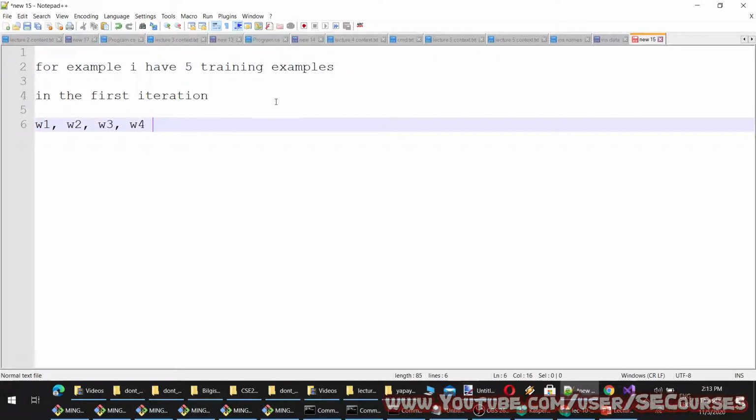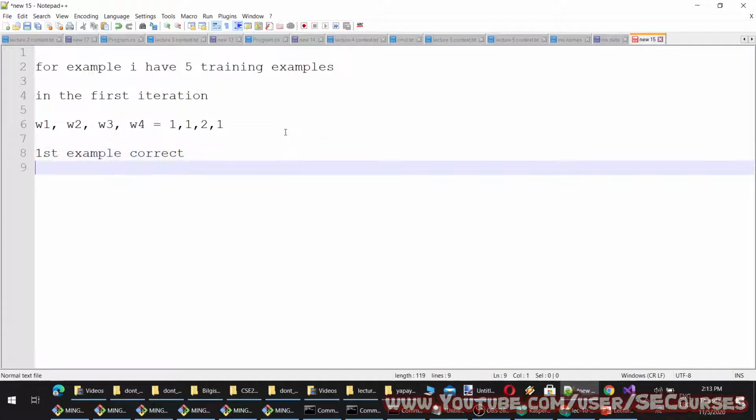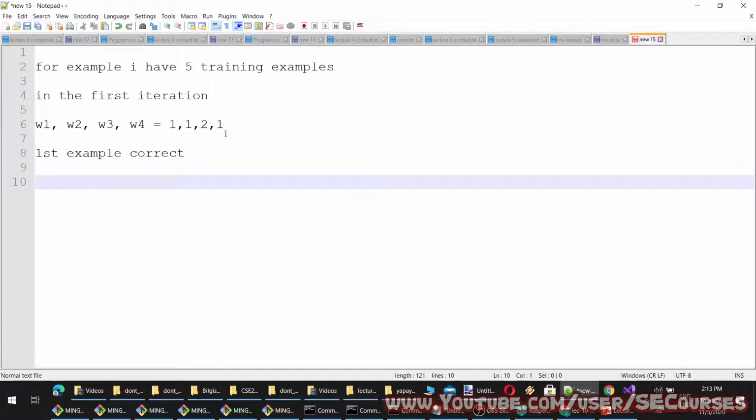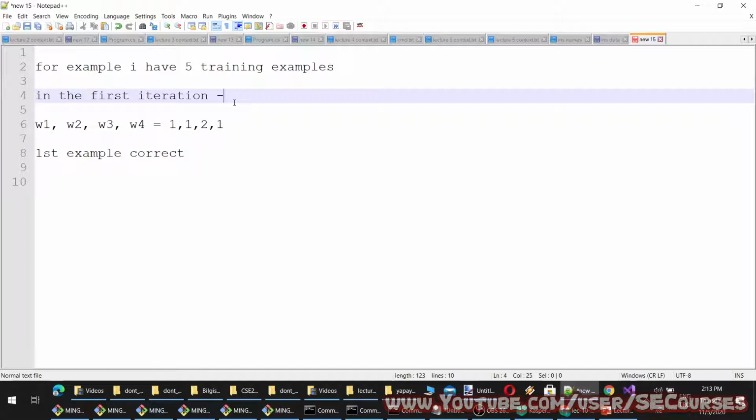In the first iteration my weights are, say, 1, 1, 2, 1, just arbitrary numbers, and this classifies the first training example correctly. Since this is the first iteration, I will mark it as k equal to 1.